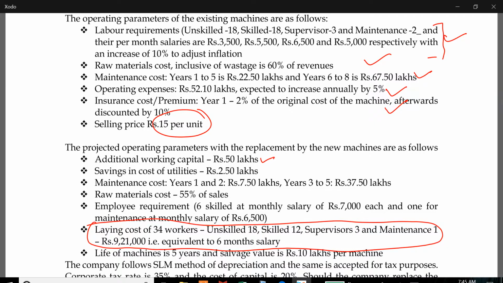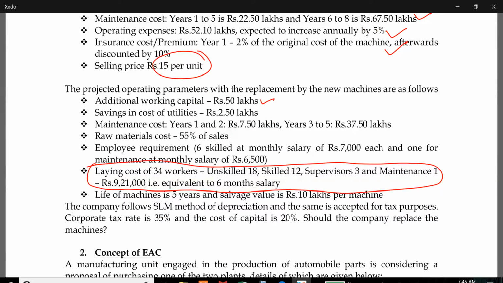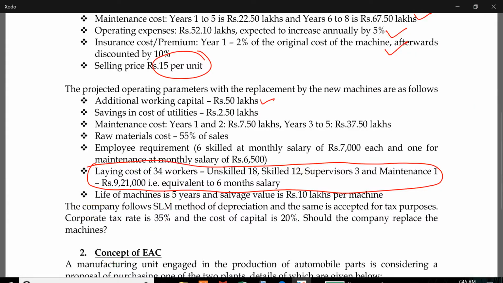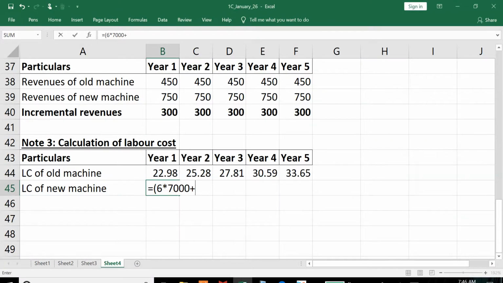For a year, what is the labor cost? 6 into 7,000 plus 1 into 6,500 into 12, 5.82 lakhs. 5.82 lakhs is the labor cost of the new machine. Any doubts on 22.98?